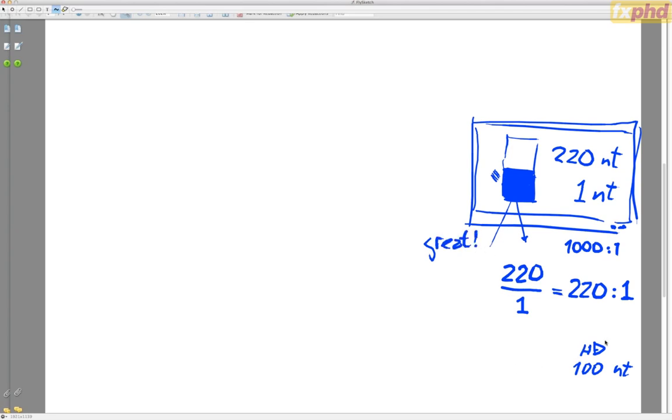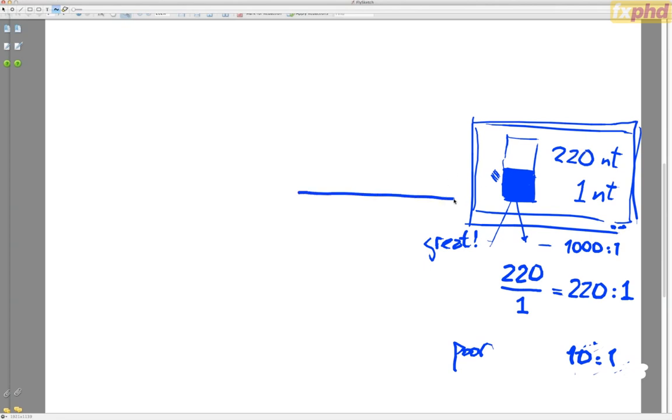And if you had a contrast ratio of 10 to 1, you'd call that terrible. So let me put those two numbers up. 1,000 to 1 would be great, and 10 to 1 would be poor.